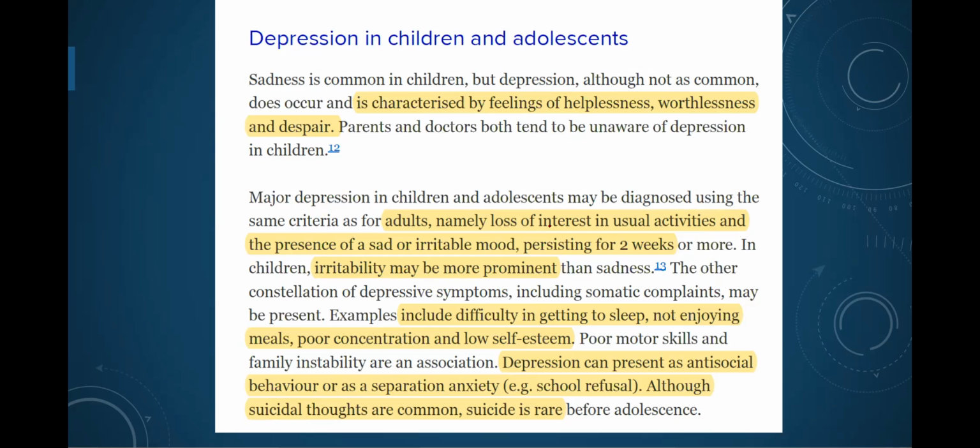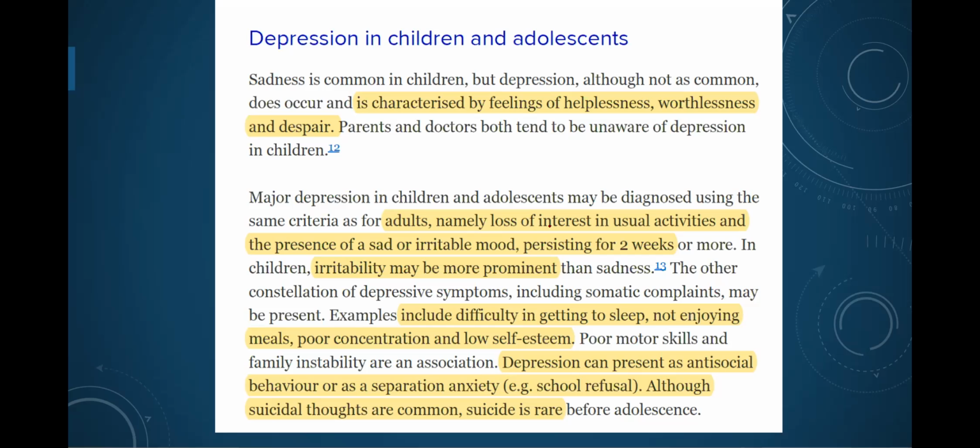Those are more common features than feeling low or upset. So irritability is the most prominent feature of depression in an adolescent patient. Other than this, the criteria for adult and adolescent MDD are similar, so the same criteria should be followed.